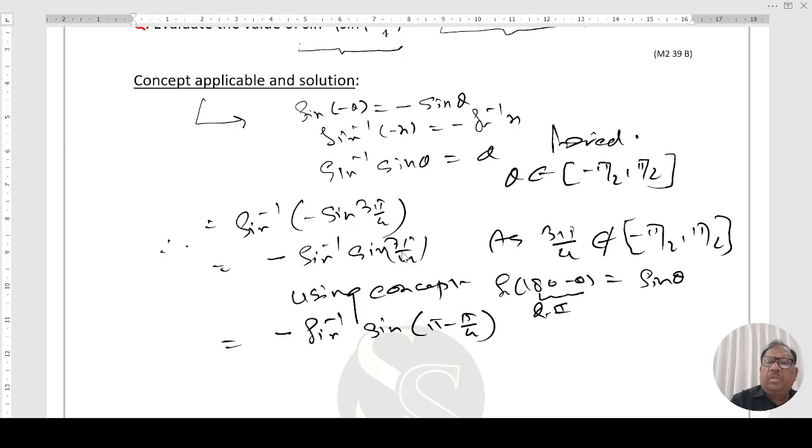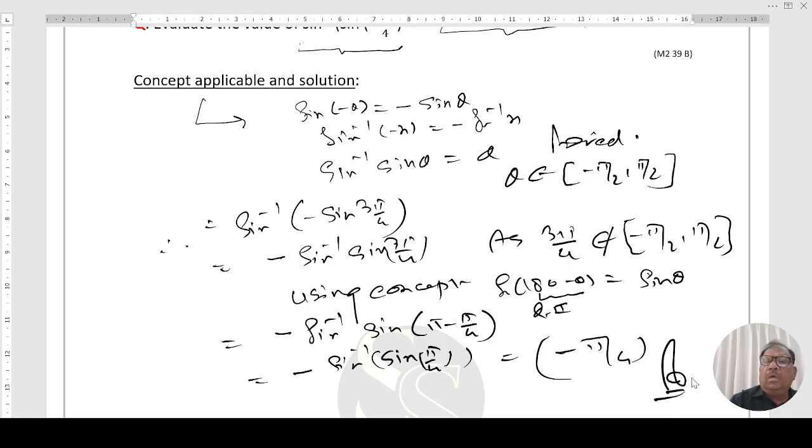If we go back, we get 3 pi by 4. That is minus sin inverse of sine pi by 4. This comes out to be just minus pi by 4. This is the answer, right? Next question.